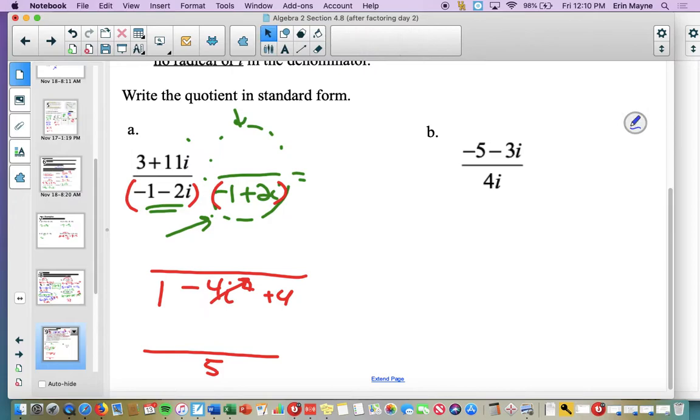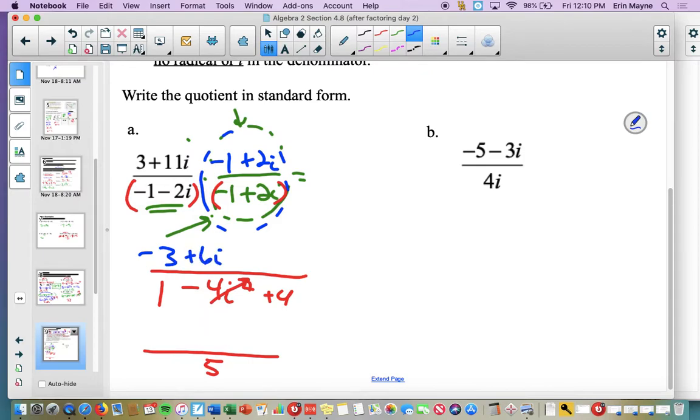On top, I then have to put the same expression so that this entire fraction is equivalent to 1. This then distributes. I have negative 3, then plus 6i, minus 11i, plus 22i squared. We now know this is minus 22.